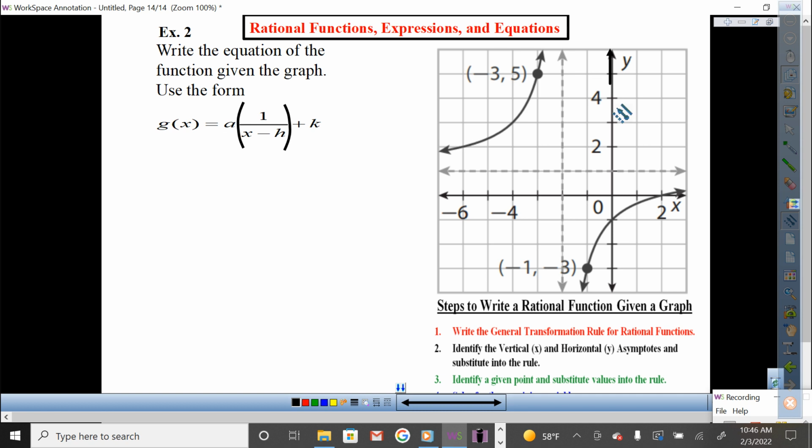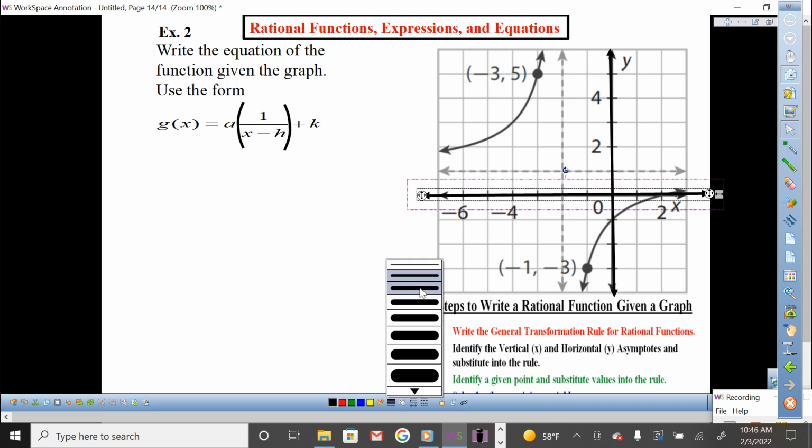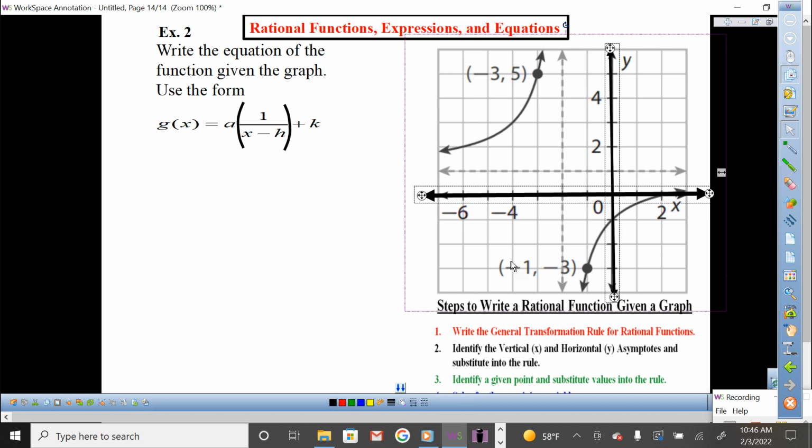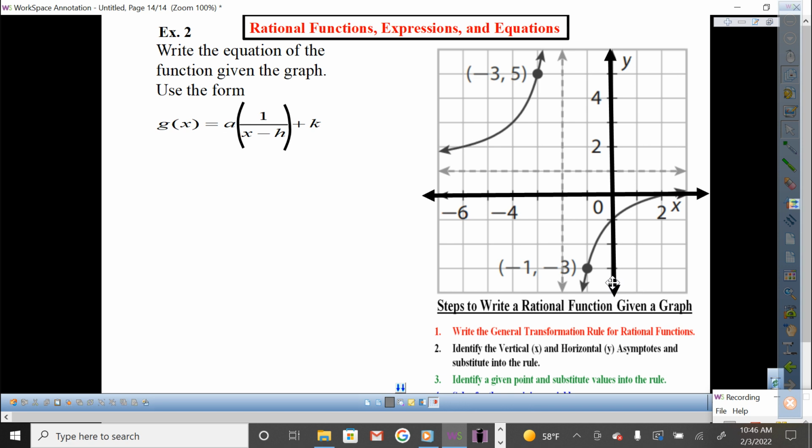follow along. Create a coordinate plane just like mine, from here to here and from here to here. Do you guys see it? Yes. Okay, there they are. Let me make it a little bit thicker so you guys can see it. There it is.